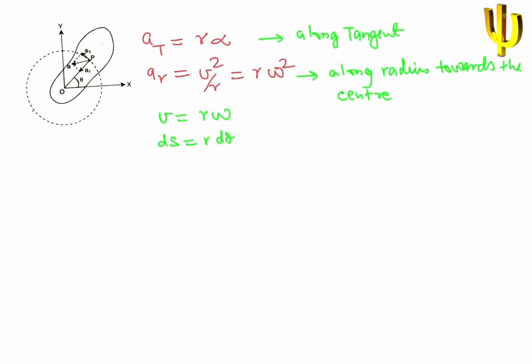From these four equations, it is clear that for a rigid body, as angular variables theta, omega and alpha are same for all points on the body, the corresponding linear variables S, V, AT and AR will depend on radius.